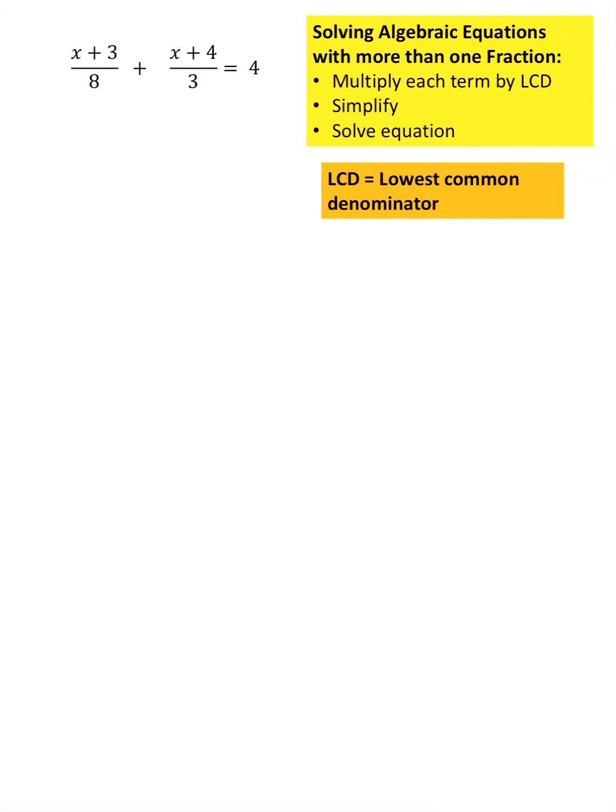So here, looks a bit more complicated, but let's follow it step by step and it'll be okay. So first step, let's multiply each term by the lowest common denominator. So the lowest common denominator, so the lowest common multiple of 8 and 3, that will be 24.